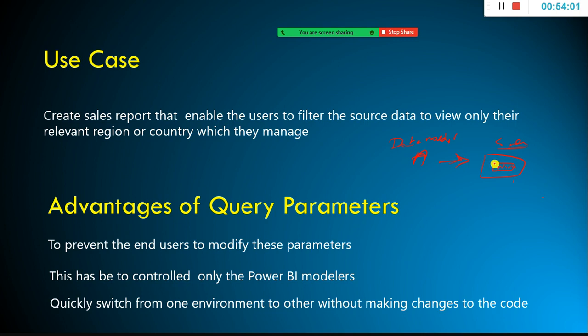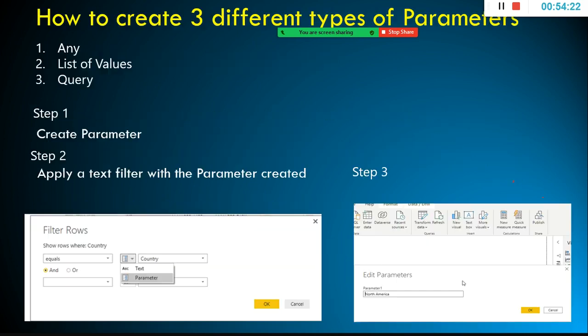Based on the value stored in the parameter, the data will get refreshed in this report. He can view only the North region data. Also, we can give him a list of values option while prompting him. There are 3 different options available: any value, list of values, query.